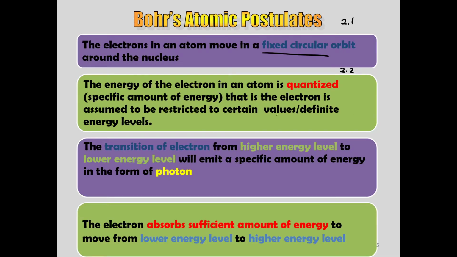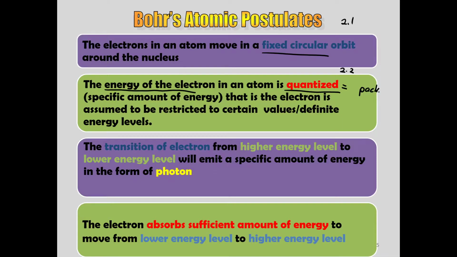Okay, and then the next one dia cakap the energy of the electron is quantized. What it means by quantized? Quantized maksudnya dia fix the specific amount of energy. Okay, energy yang keluar dia always in packets.